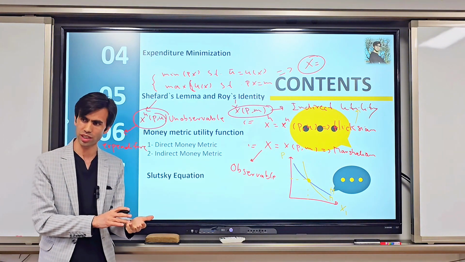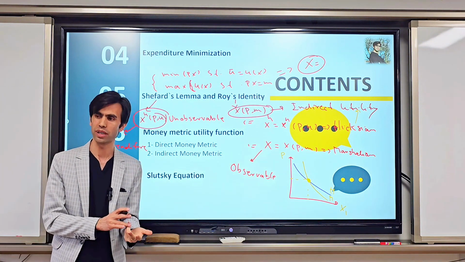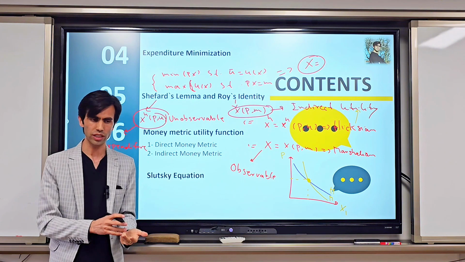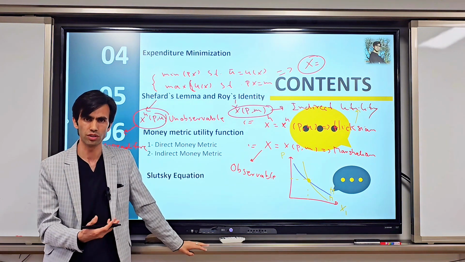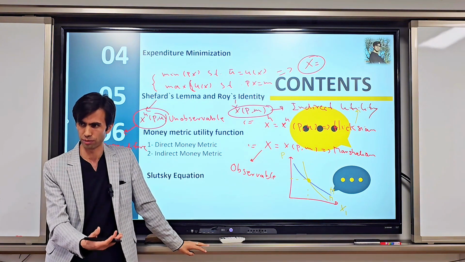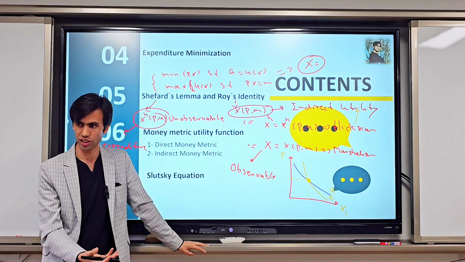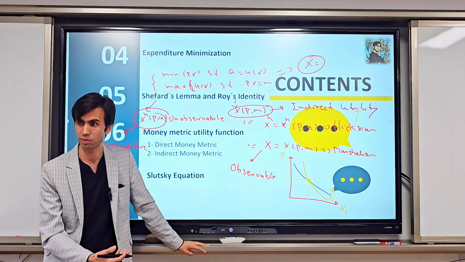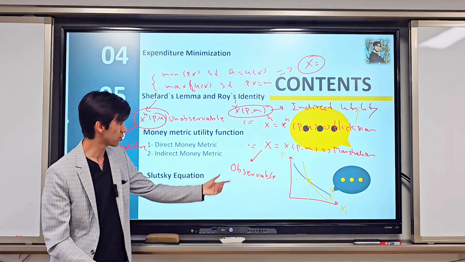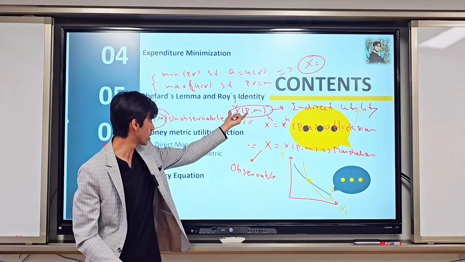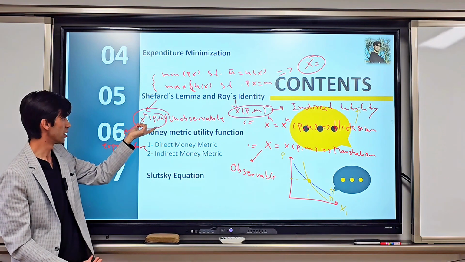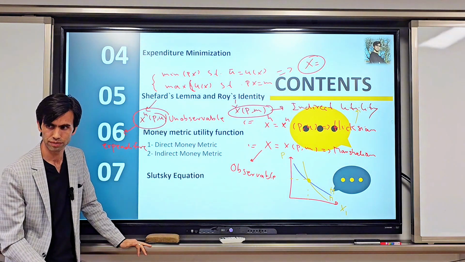Utility maximization is closely related to profit maximization. That's why the method we use for utility maximization, we can use for profit maximization as well. And the method we use for expenditure minimization, we can use for cost minimization as well. So we can use Roy's identity and Shephard's lemma for both of them.